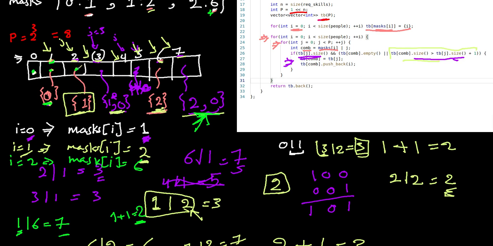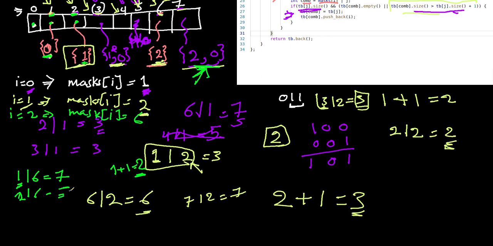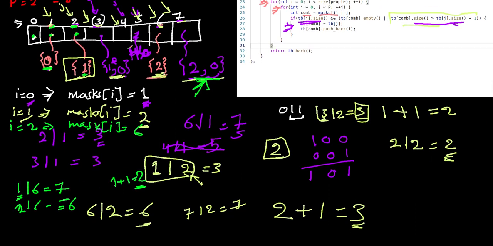Then J is here with the value 1. 1 or 6, or here 2, the skill set 2 or 6 equal 6. What is the value at 6?